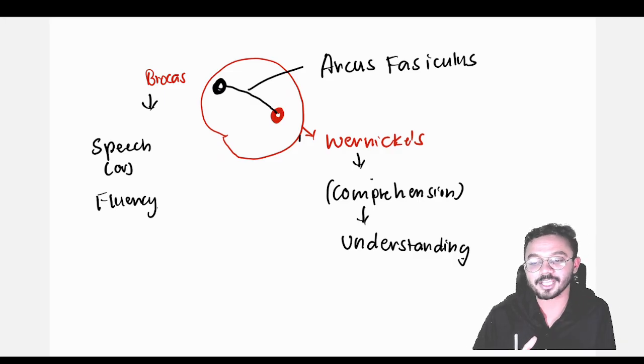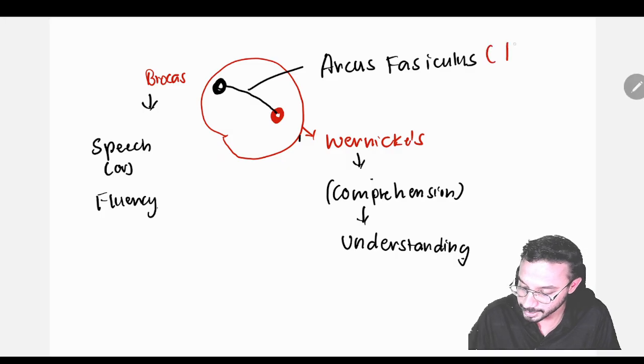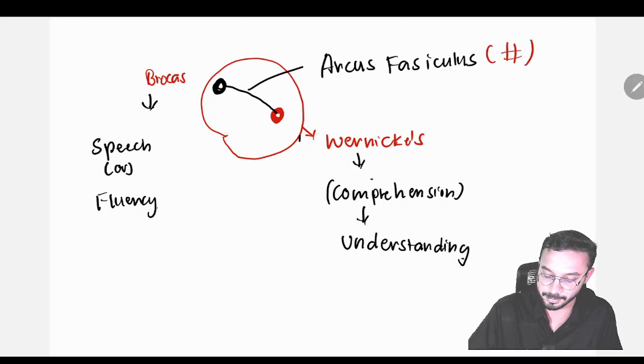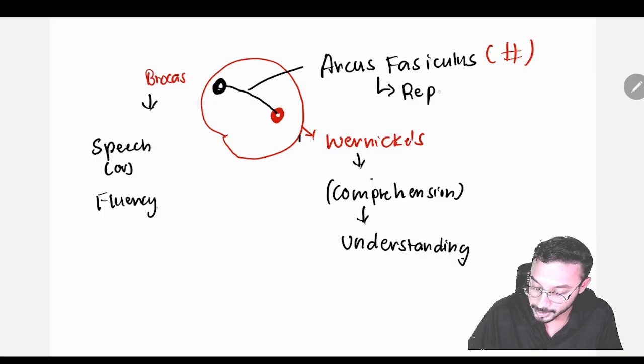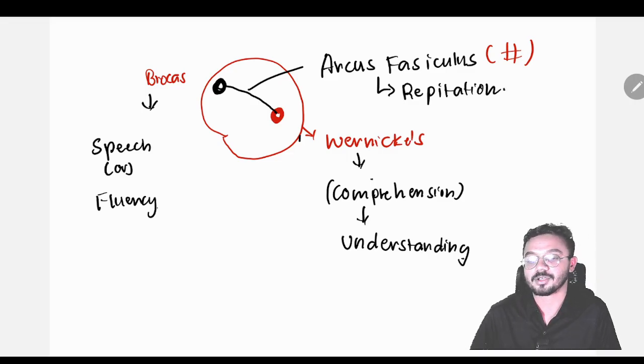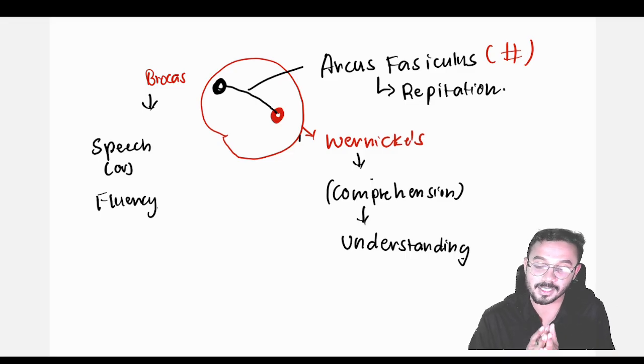Whatever repetition is done is by this area, the arcuate fasciculus. If there is damage in this area, you cannot repeat. So repetition is done by the arcuate fasciculus. Wernicke's is understanding, Broca's is fluency, and between them is the arcuate fasciculus, which is repetition.